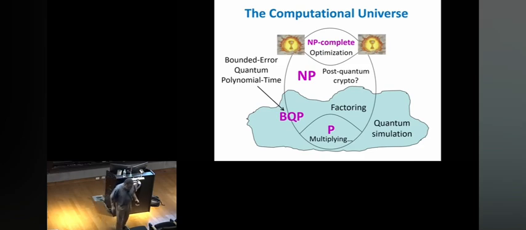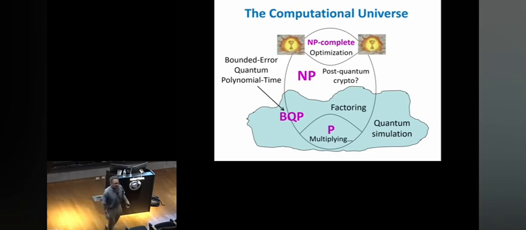Okay, but this is our world map, where the real holy grail of computer science for 60 years has been what are called the NP-complete problems. Just to explain what this means, P stands for polynomial time.